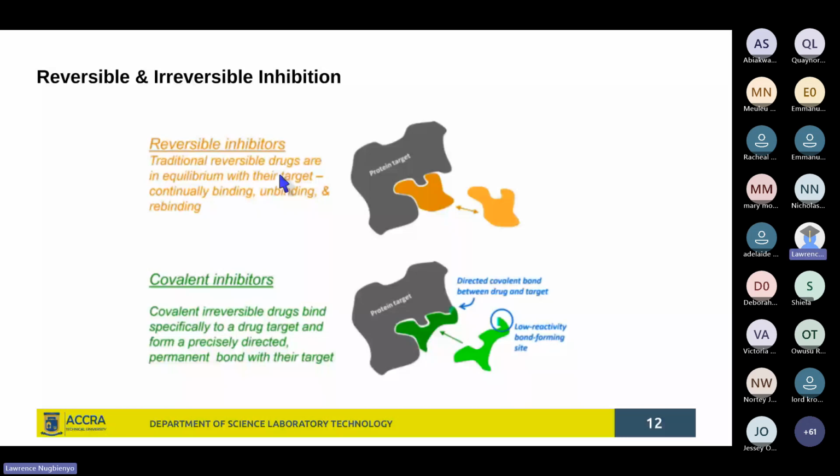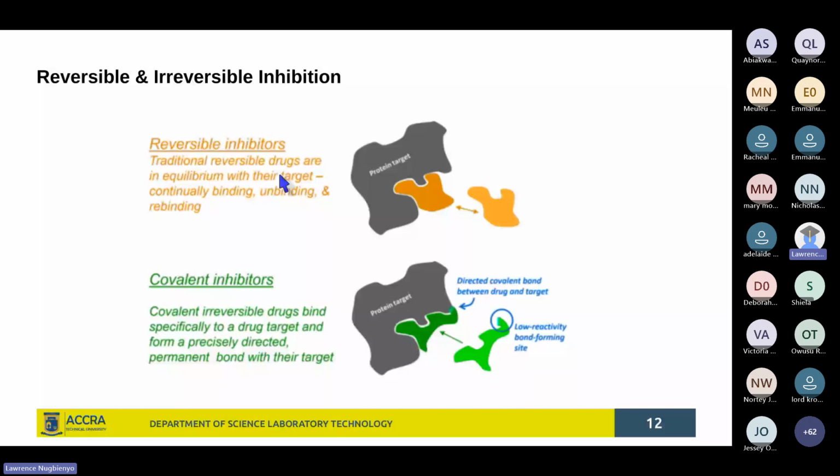Generally, medications are reversible inhibitors. Medications that are designed with this principle of going in to inhibit chemical reactions are reversible inhibitors.